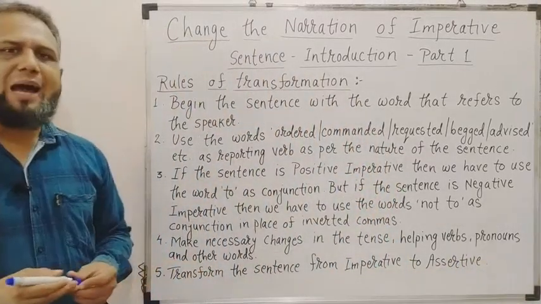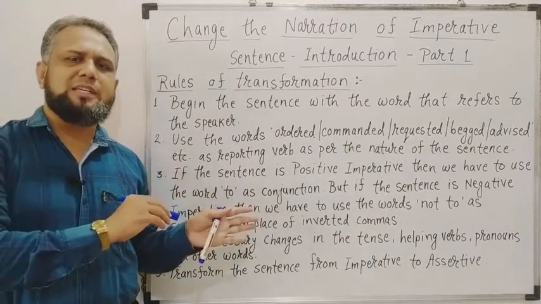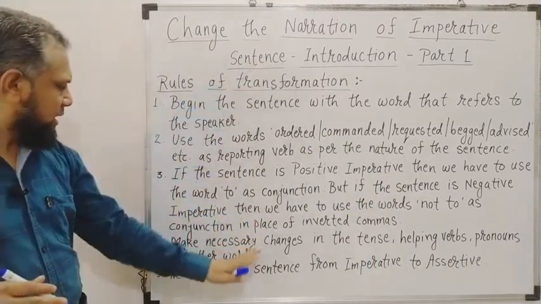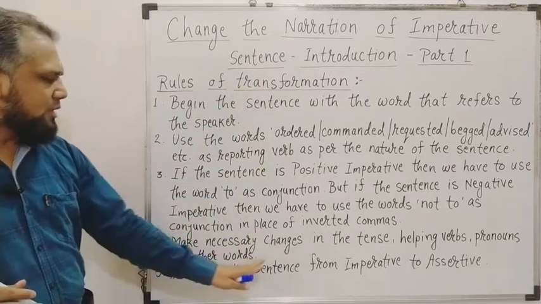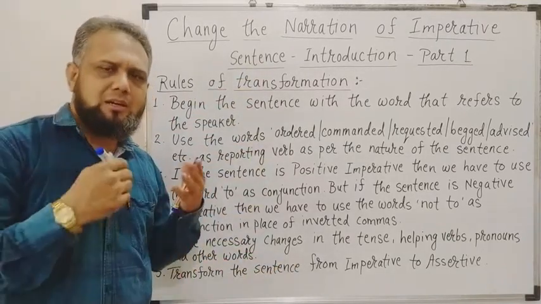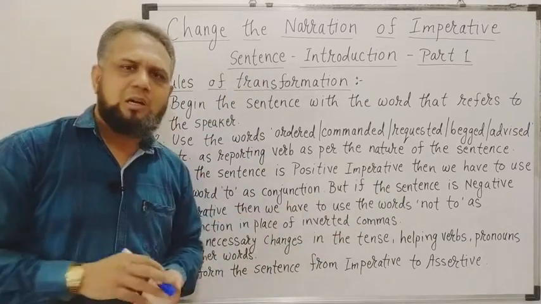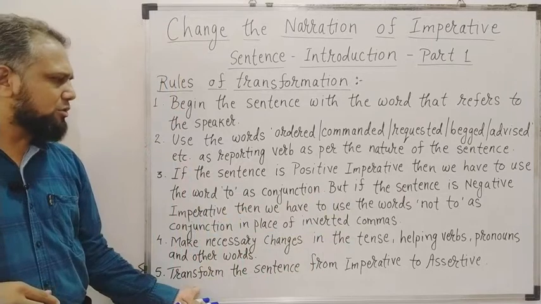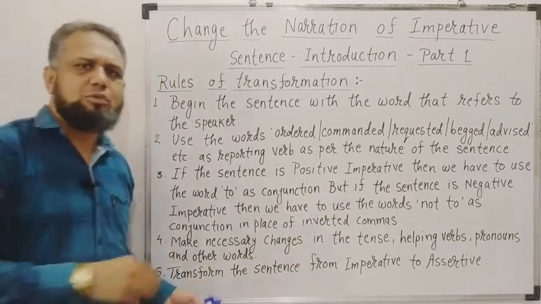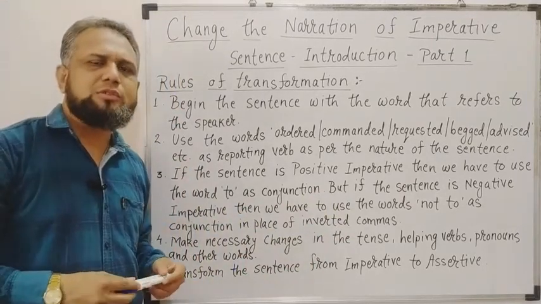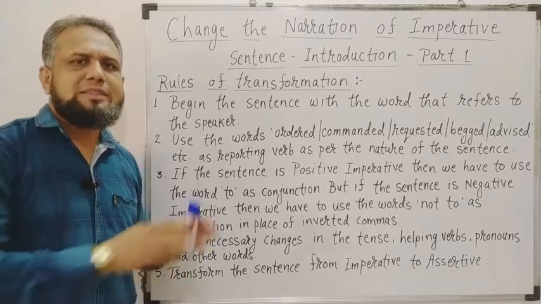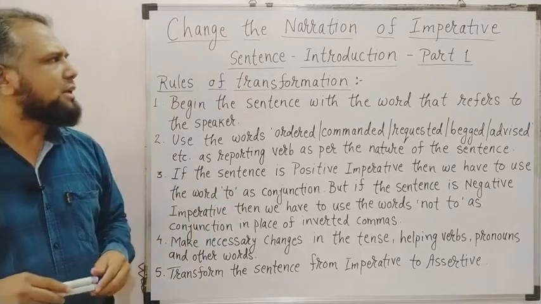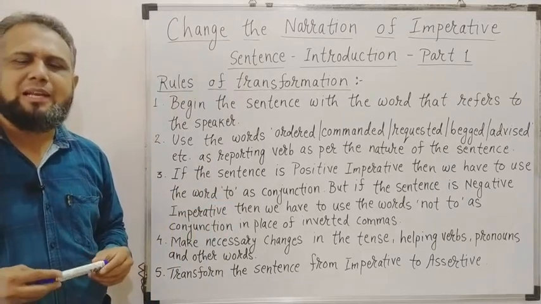Means you have to transform that imperative sentence to make it assertive. So if you follow these 4 rules, the sentence automatically transforms into an assertive sentence. So this is not so important a rule, but we have to write it when we see the rules of transformation. So these are the 5 rules of transformation when we transform the imperative sentence from direct to indirect narration.